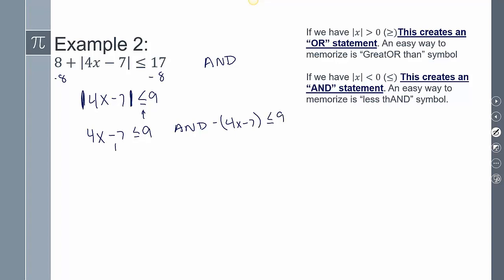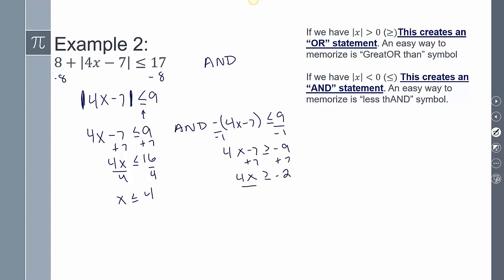Solving for each one, if I add 7 to both sides, 4x is less than or equal to 16. Divide by 4, x is less than or equal to 4. For the other, divide both sides by negative, 4x minus 7 is greater than or equal to negative 9. Add 7 to both sides, 4x is greater than or equal to negative 2. Divide both sides by 4, and I get x is greater than or equal to negative 1/2. Now I did divide by a negative, so I do need to flip my sign.